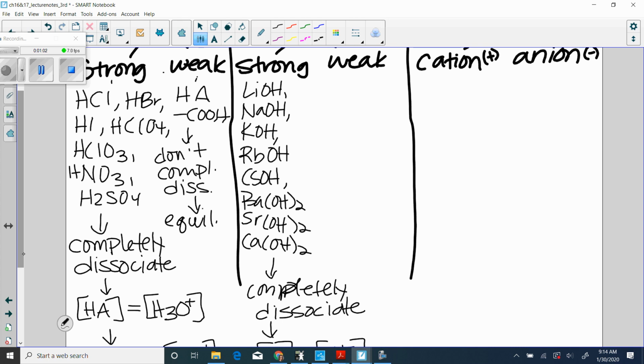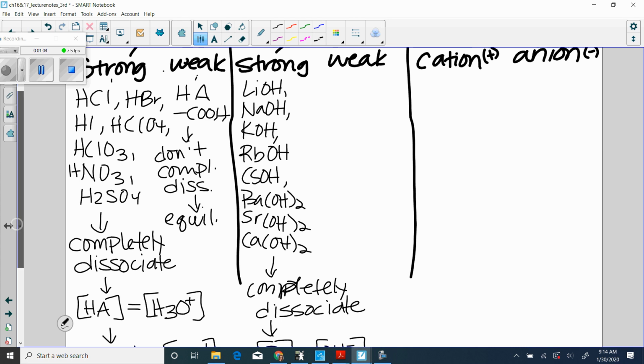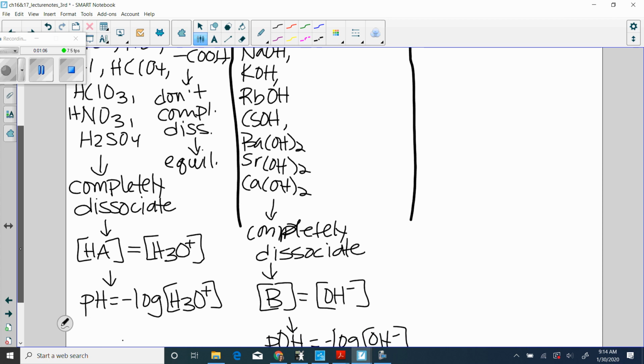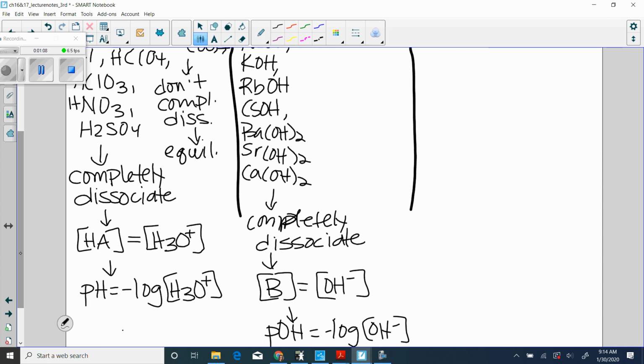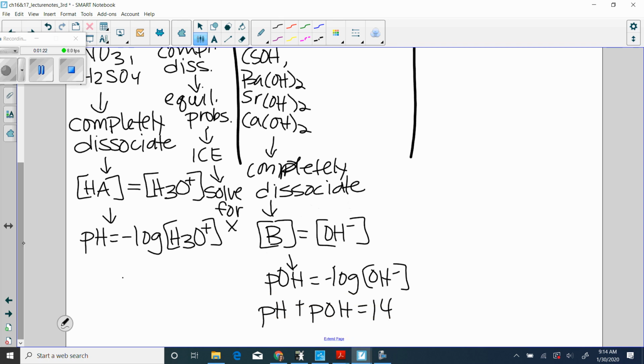We need to know how many dissociate, and that's called X. That's what our change is. So these are equilibrium problems. They're ice tables. We do an ice table, we solve for X. That X is the teensy part.